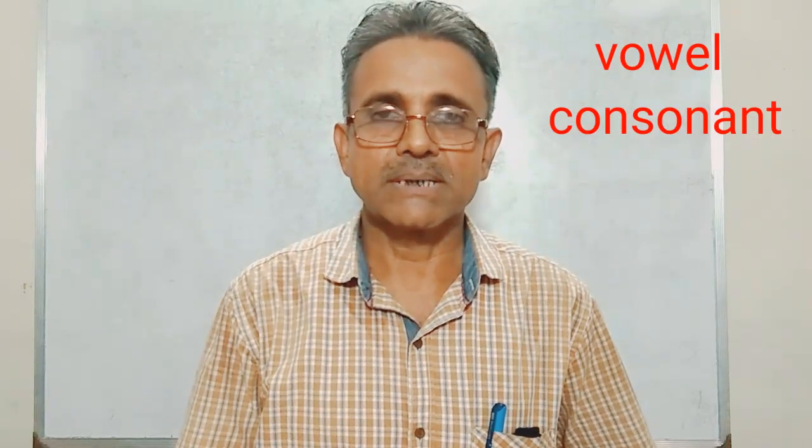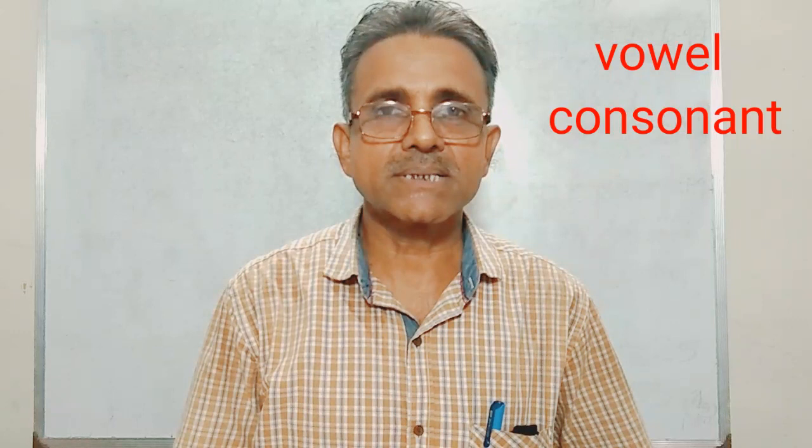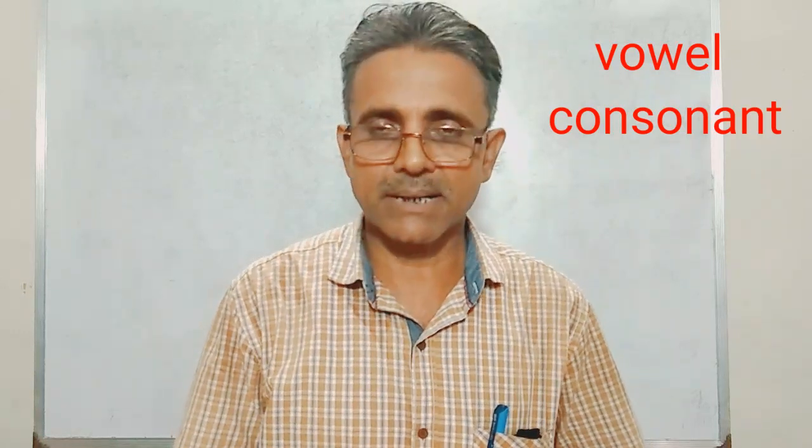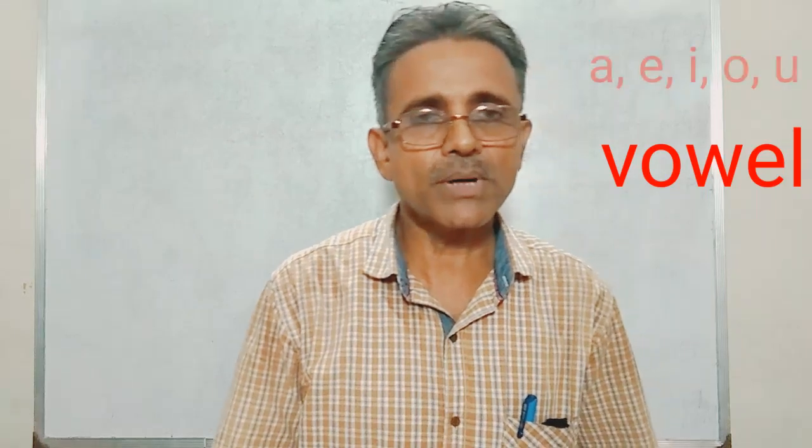There are 26 letters in English. 21 letters are called consonants and 5 letters are called vowels. A, E, I, O, U. These are called vowels and the other letters are called consonants. And you also know capital letters and small letters.